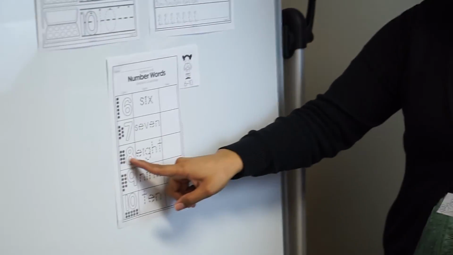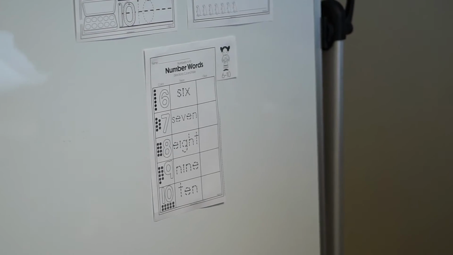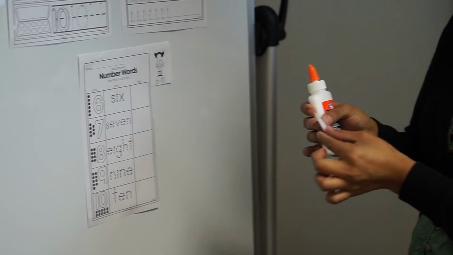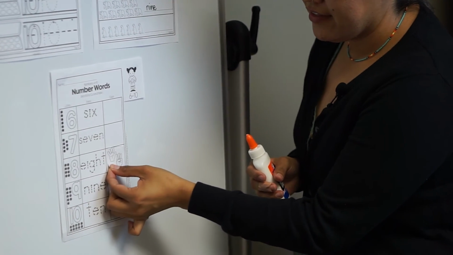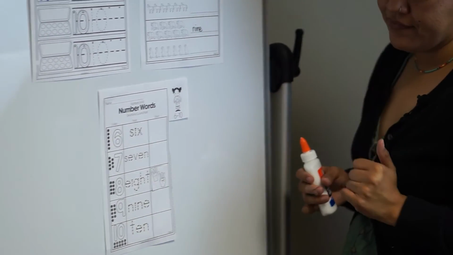There are 8 fingers up, so we're gonna go to the column that has 8. We see 8 right here. So we're gonna get our glue, put some glue on here, and we're gonna put that right there. All right, let's do 2 more.